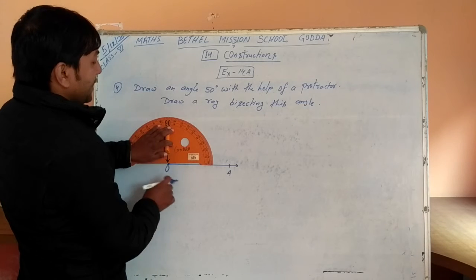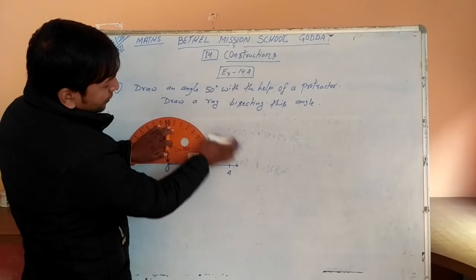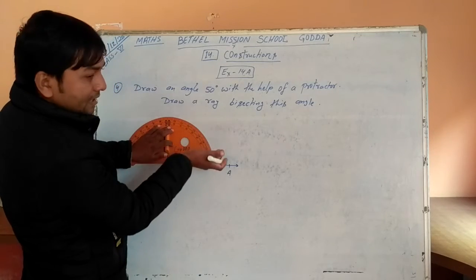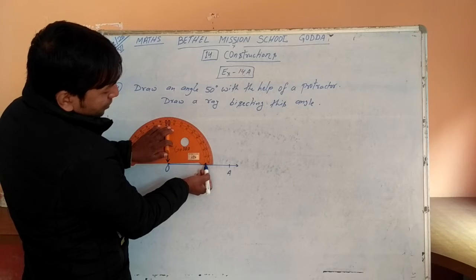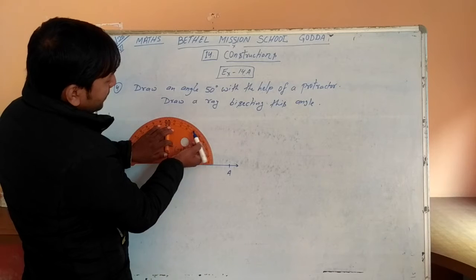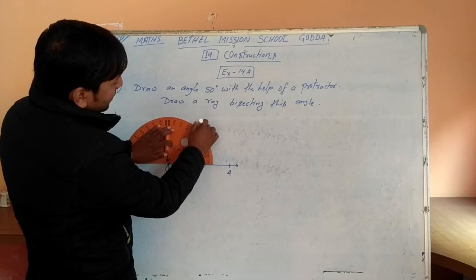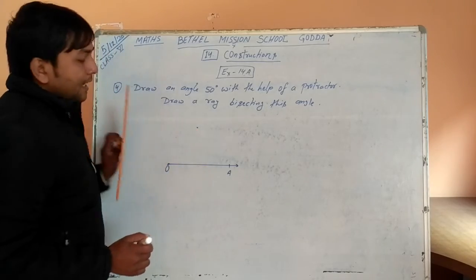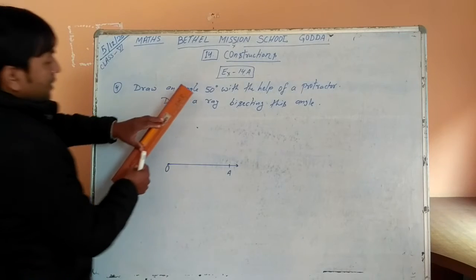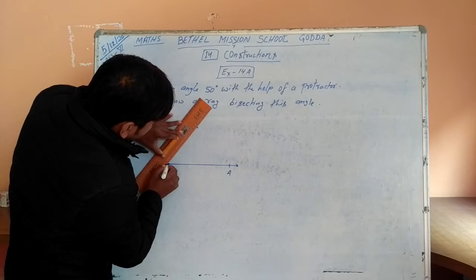Now 50 degrees. Start counting up to here, okay, not from this side, it should start at 0. So this is 0, 10, 20, 30, 40, 50. 50 is here, this is 50, okay. And now we draw a line through these points.